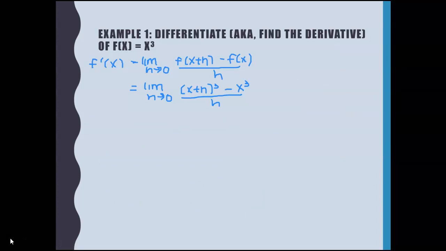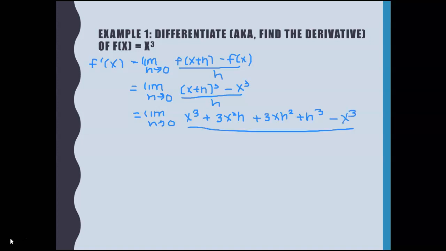So using that idea of Pascal's, we can now say that the limit as h approaches 0 becomes x cubed plus 3x squared h plus 3xh squared plus h cubed minus x cubed all over h, without having to FOIL the problem.